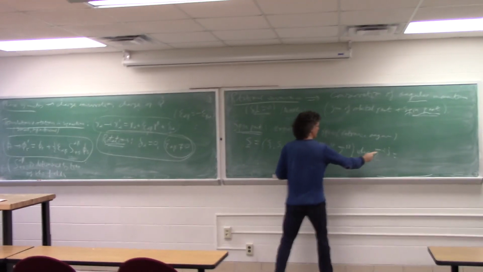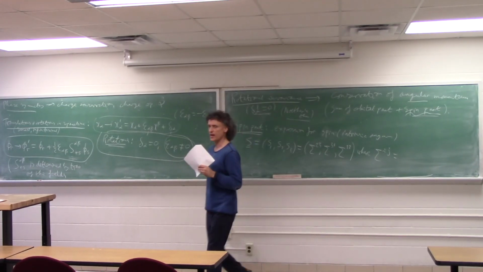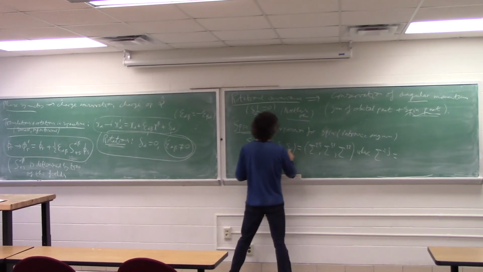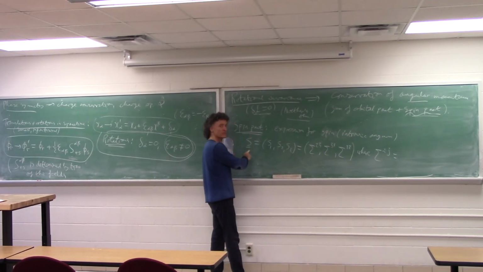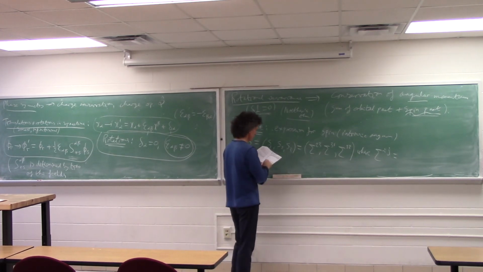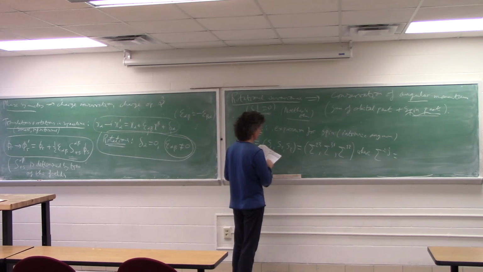Define a tensor with indices ij, where ij are 1, 2, or 3. The 2, 3 component gives you the x component of the spin vector. And then there's a y and the z component. So have I written that correctly? 2, 3, 3, 1, and 1, 2.